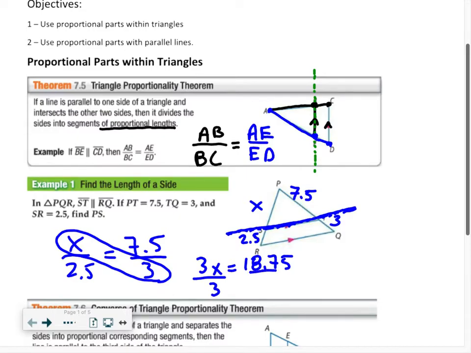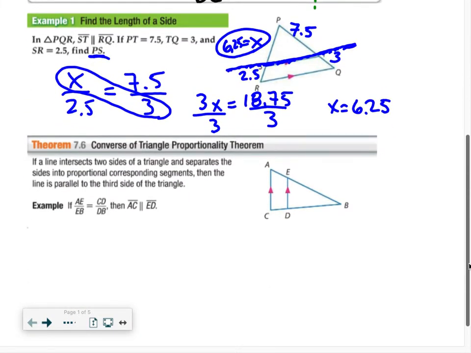So we divide by 3, and x is 6.25. Which was the segment? We used x to mark the segment PS. So PS is 6.25. Okay? So that's using the triangle proportionality theorem.